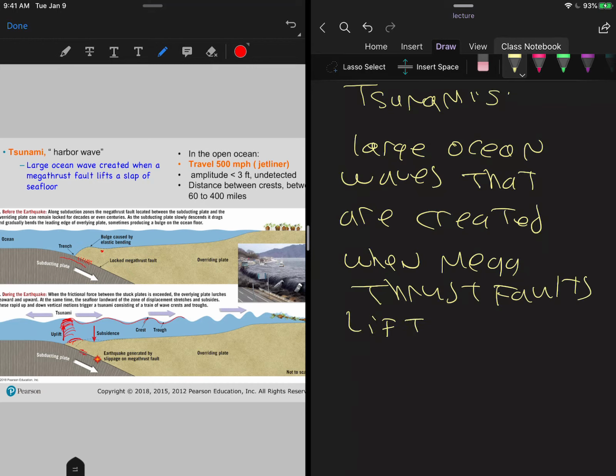So it lifts a big slab of the sea floor.